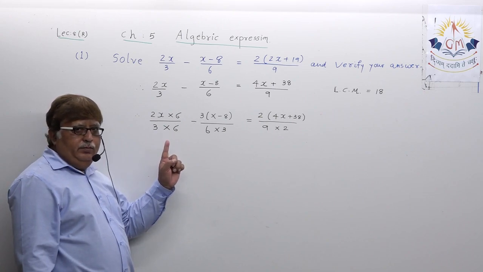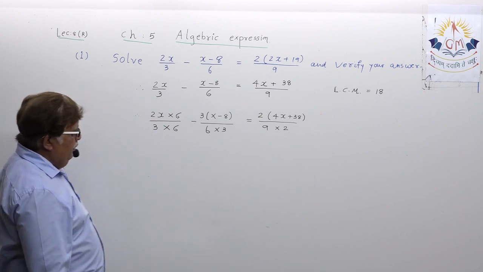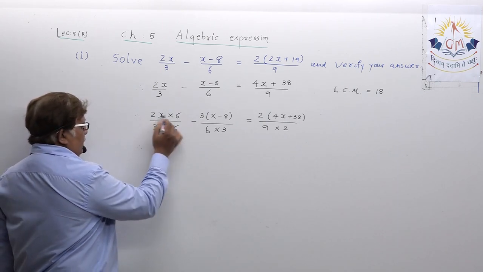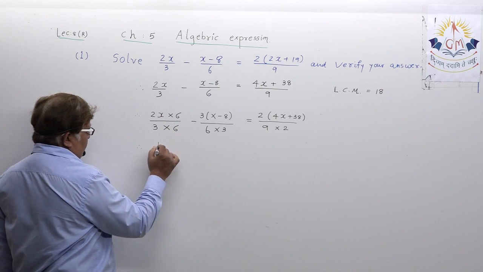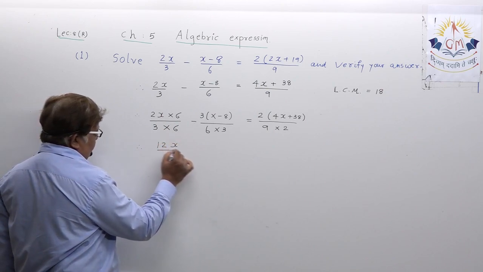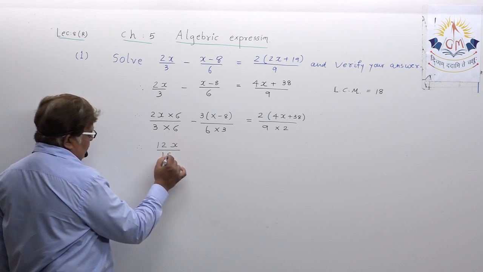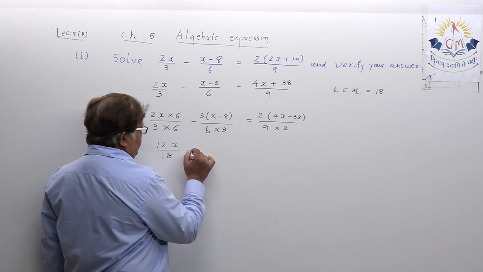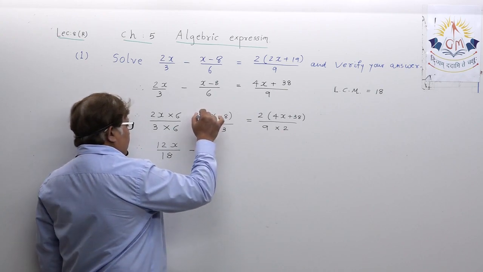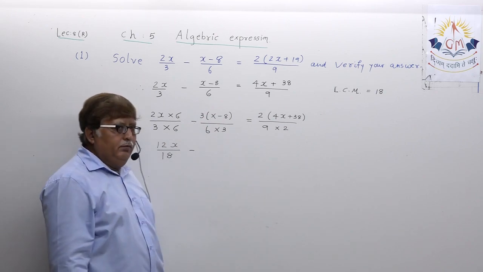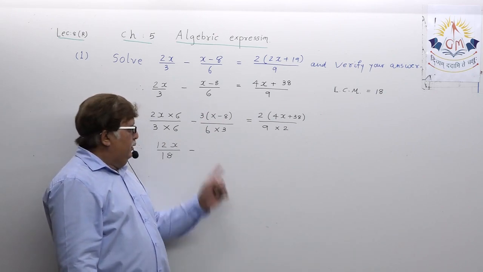Properly verified by you. Next step, therefore, 2x into 6, that is 12x, upon 18, minus. Here, dear student, no mistake whatsoever.